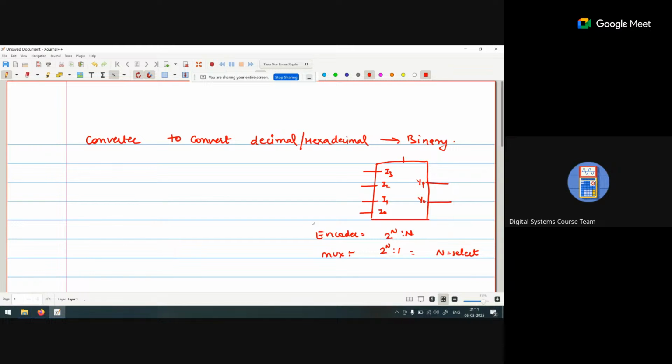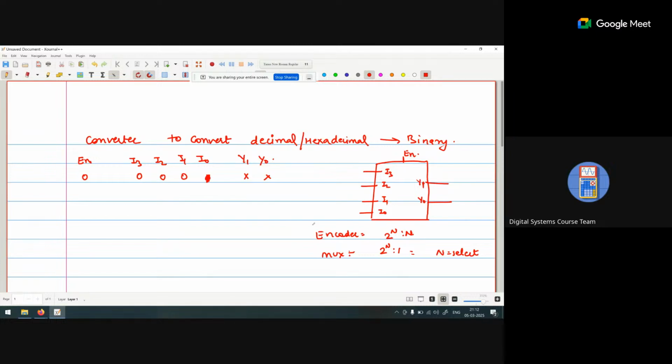To control this, there is one enable pin. If we draw the truth table: enable, I3, I2, I1, I0, and Y1, Y0. When the enable is 0, whatever input we apply, there is no output.